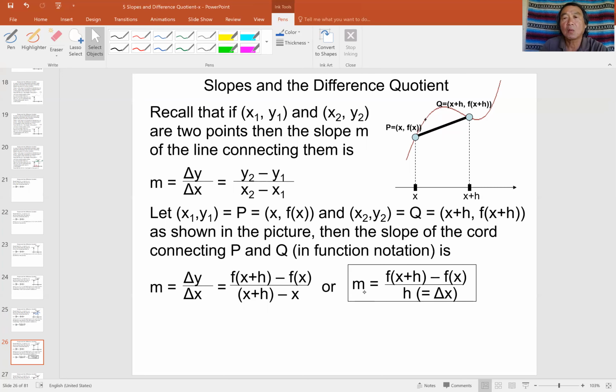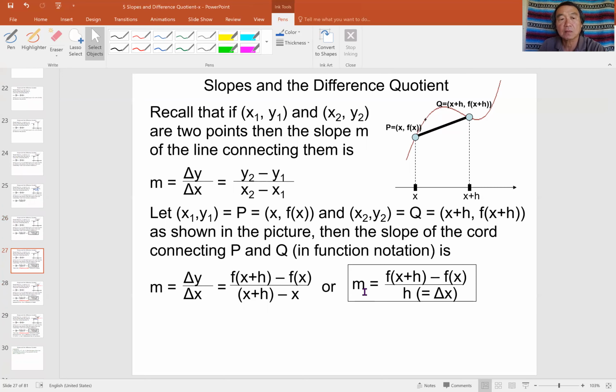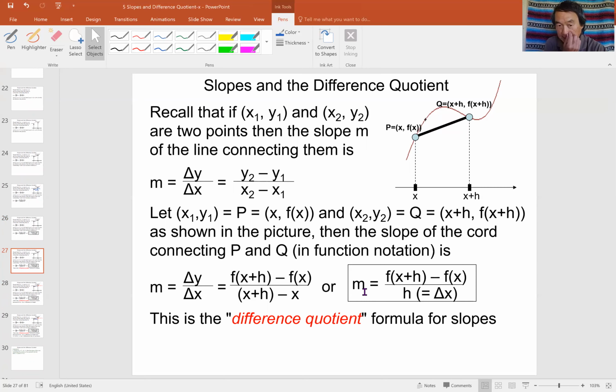And what are we going to do with this difference quotient formula? We are going to work through 3 types of algebra with this formula.